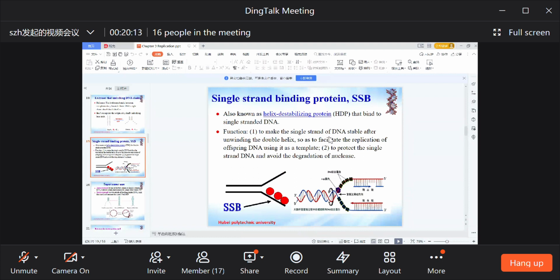At that time, you can see the DNA strand acts as the template. The DNA strand is single stranded, and the single strand can be used as the template. So whether in vivo or in vitro, to act as the template you must destroy the double helix structure and form the single strand.